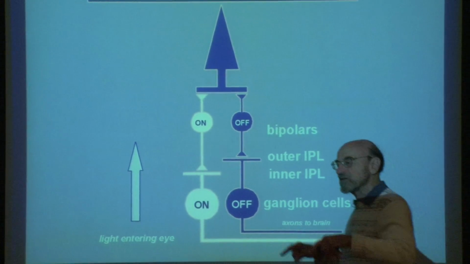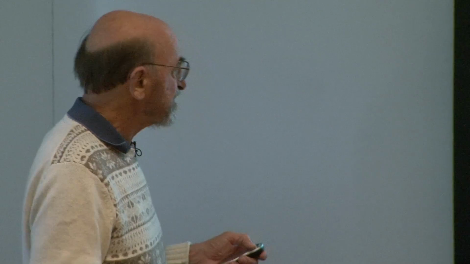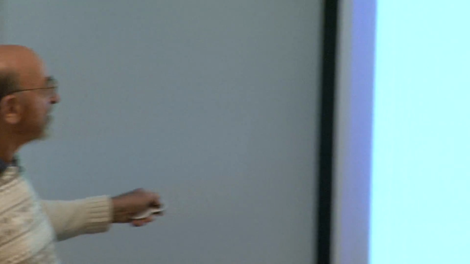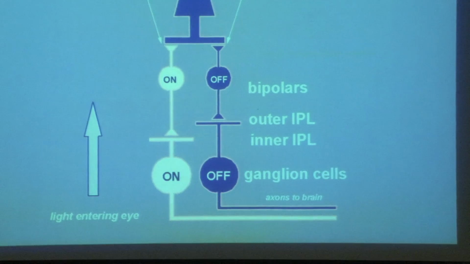But let's not forget that we also have the so-called on-off cells, and many of them actually end up projecting to the colliculus that we'll talk about later on. So this is a very basic wiring. We can then add here, as I've already said, this is a sign-inverting synapse, this is a sign-conserving synapse.